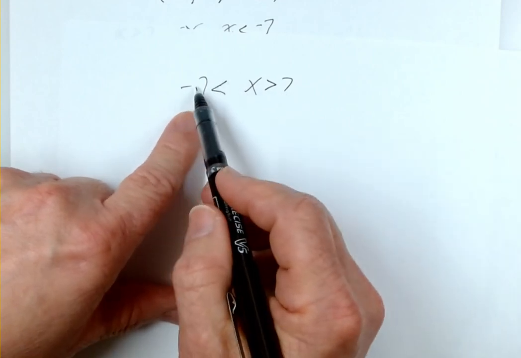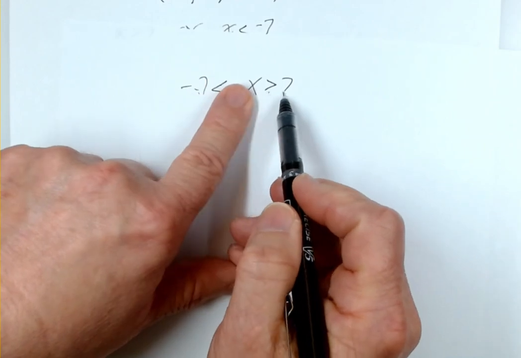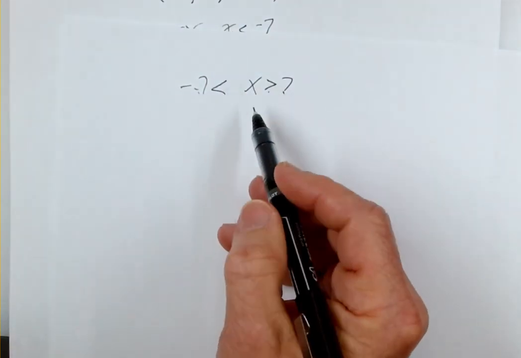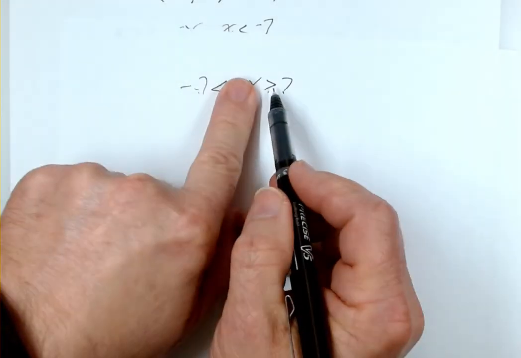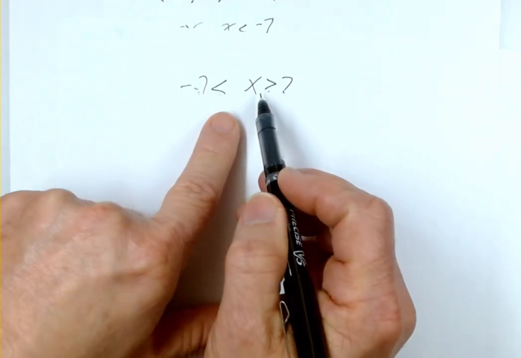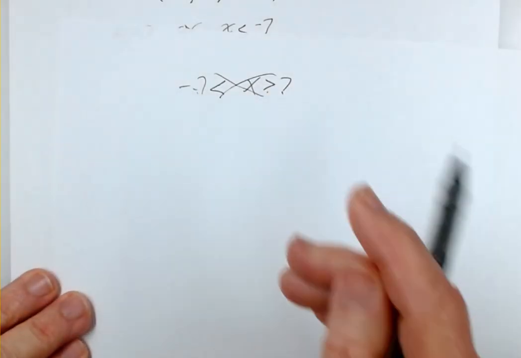So look, you're saying negative 7 is greater than 7. Is that true? No. So right away, you know that there's some confusion here, because you're saying negative 7 is greater than 7. You're also saying negative 7 is less than 7. So these things are not going in the same direction, and you can't write it like that.